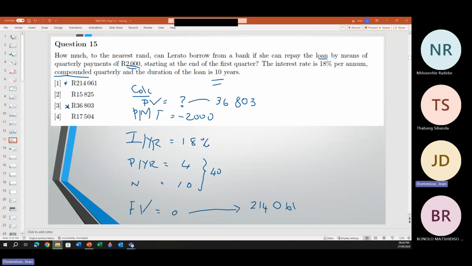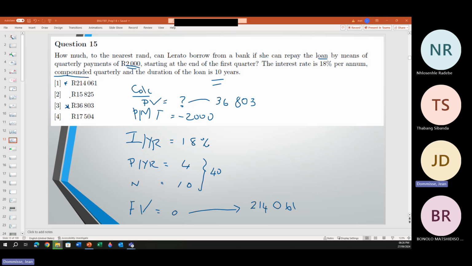How much to the nearest rand can Lerato borrow from the bank if she can repay the loan by means of quarterly payments of 2,000 starting at the end of the first quarter? The interest rate is 18% per annum, compounded quarterly, and the duration of the loan is 10 years.